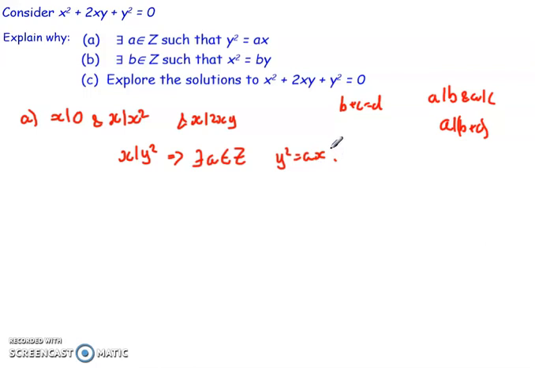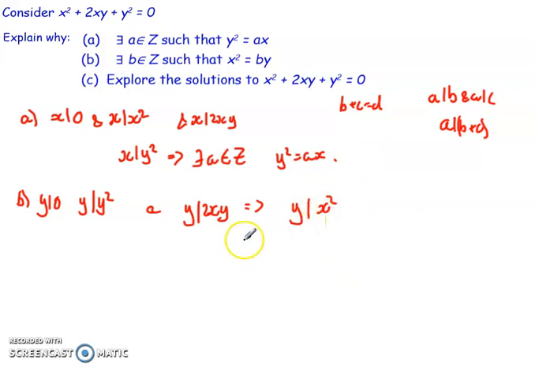Now we can look at it similarly in terms of y. So let's explore the y variable, because that's what we're looking at here for some multiple of y. In the same fashion, since y is divisible by 0, and y is divisible by y squared, and y is divisible by 2xy as well, that implies, again using this b plus c equals d property, that in this case y is divisible by x squared.